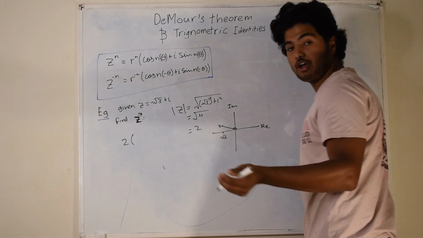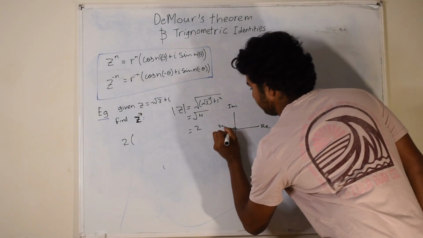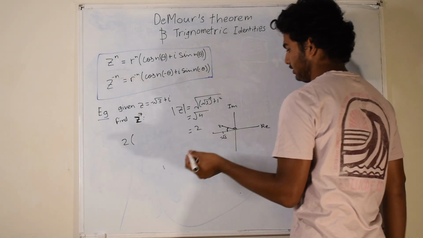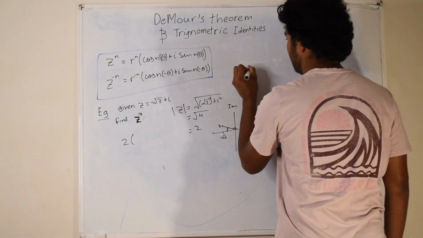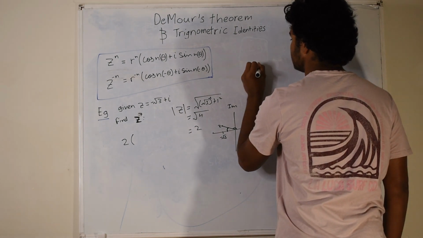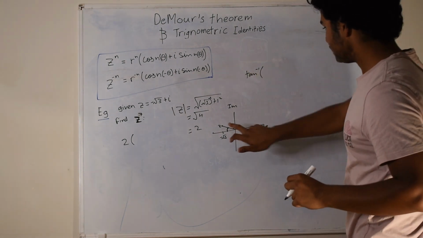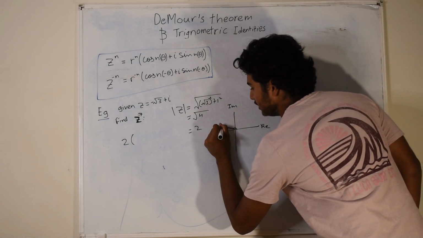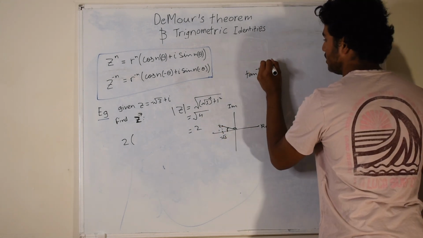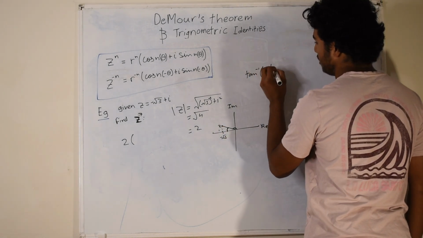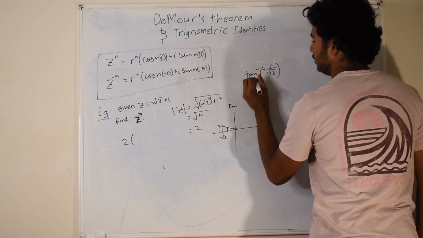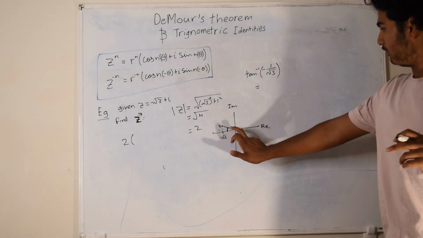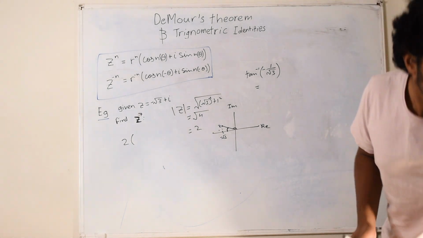The easiest way, I would suggest, is we first find this angle right here, which we can do with arctan, tan inverse. This value here is just 1, so 1 upon minus root 3. That's the value of the inside angle.